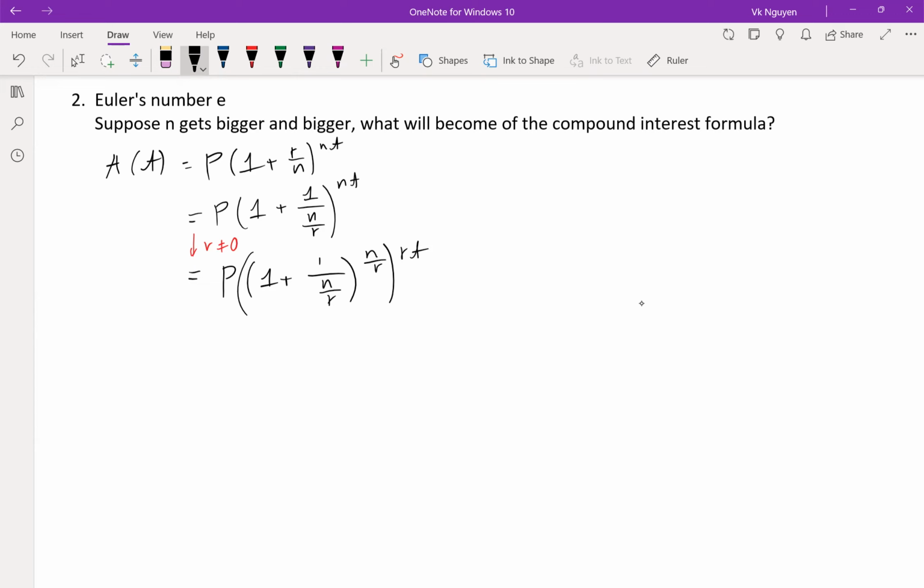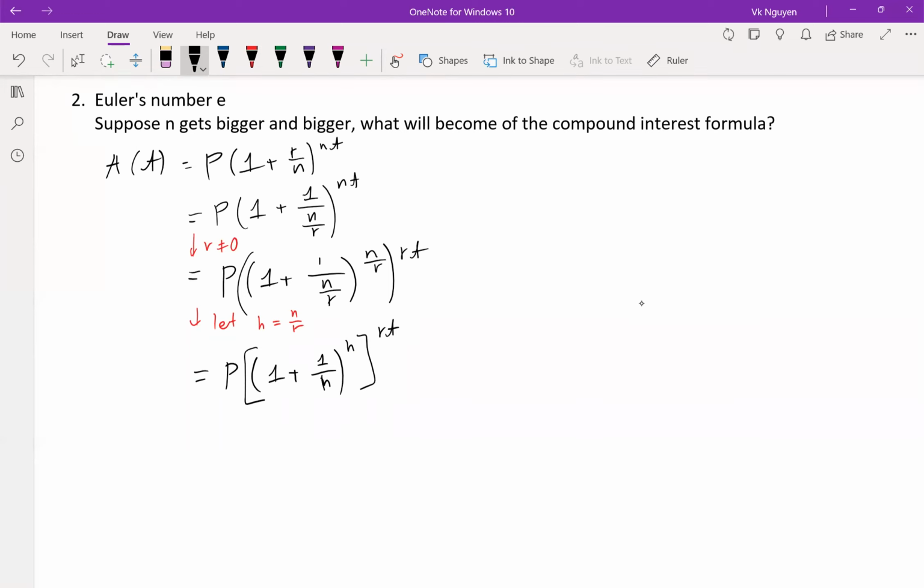It's the same thing. n over r is a real number, so we're going to let h equal n over r. And then from here, we have P(1 plus 1 over h) to the power h times rt.